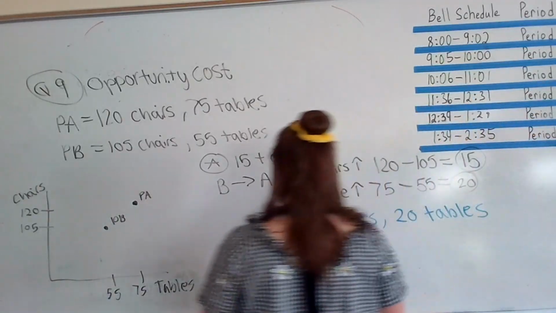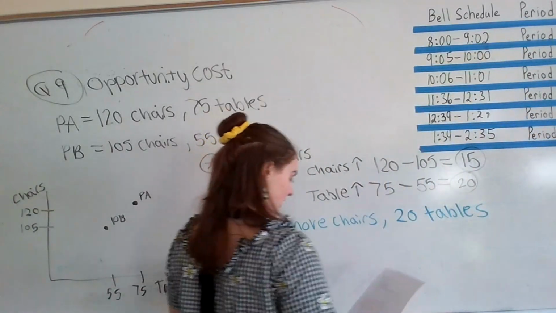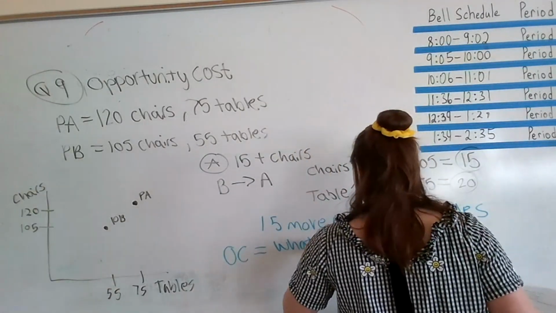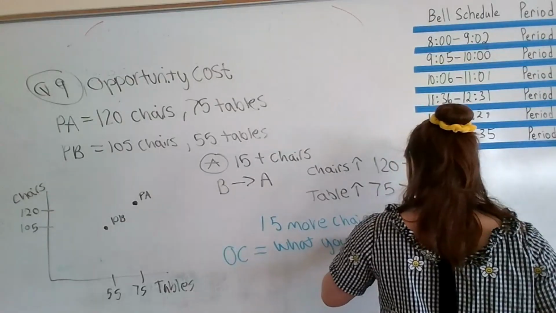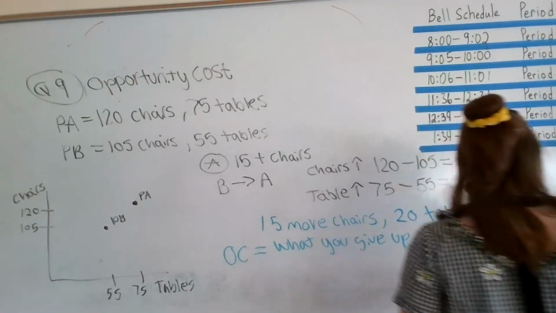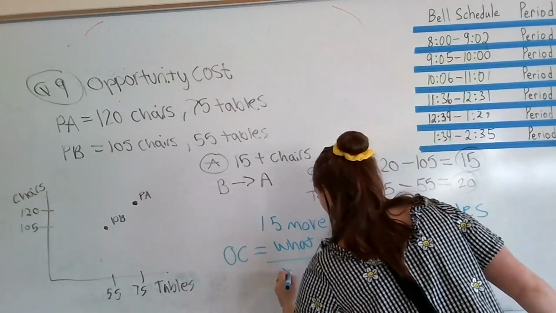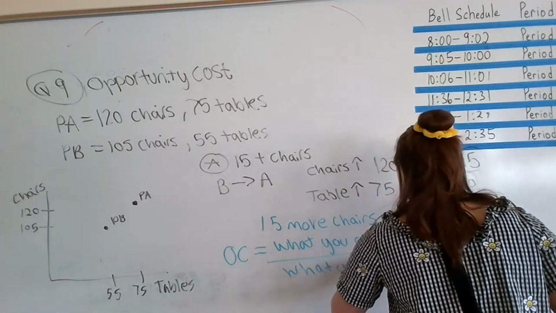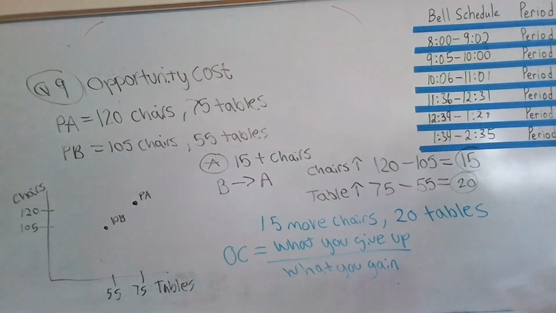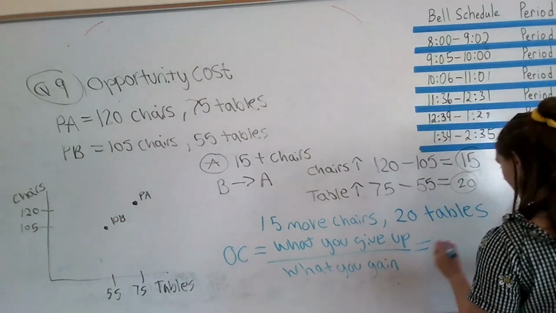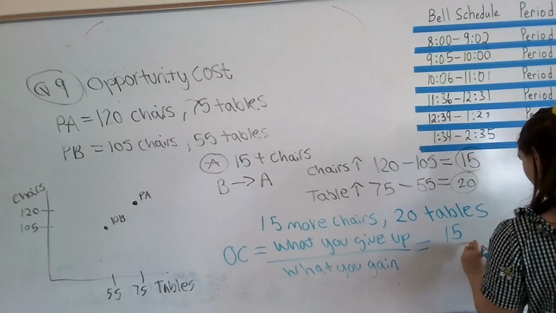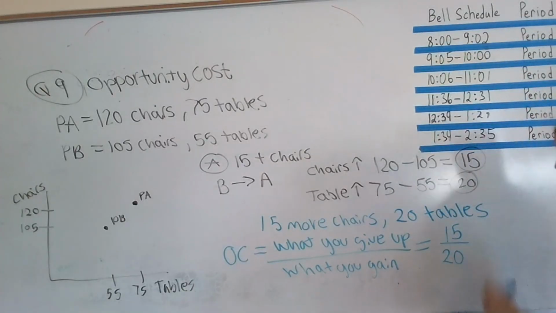Remember, our opportunity cost is what we give up versus what you gain. So, in this case, if we're giving up making 15 chairs, we can make 20 tables.